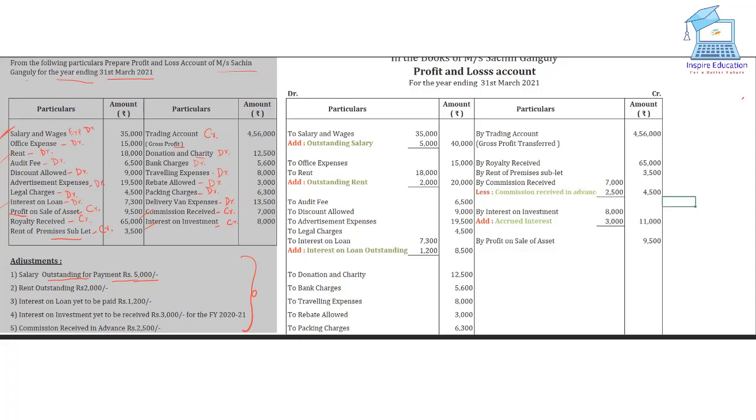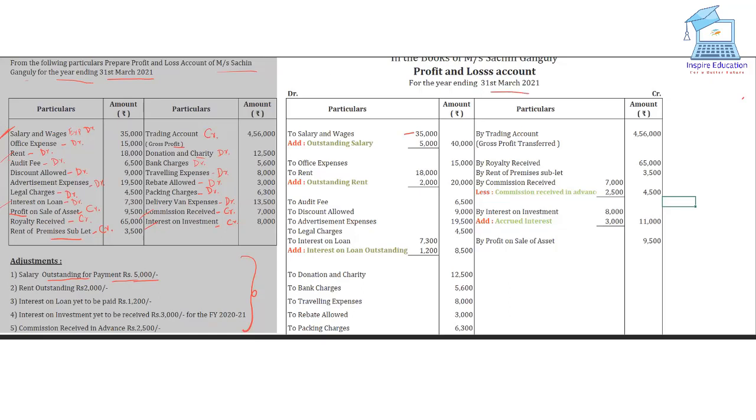Back to the solution. See, salary and wages 35,000. Okay, salary and wages, here it is 35,000. And outstanding salary. See, this salary is outstanding. Outstanding salary means the salary of an employee is yet to be paid, or salary which is not paid till date of preparation of profit and loss account.